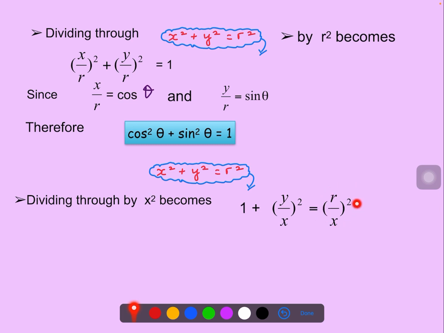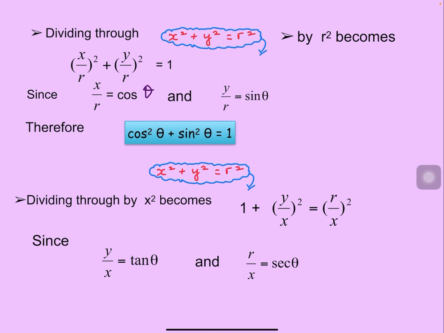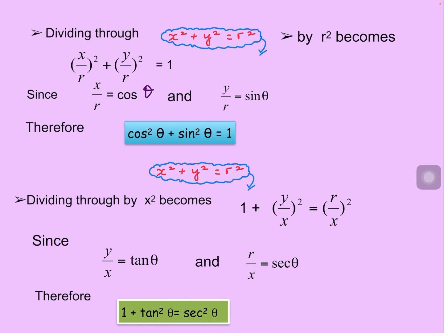Since y over x equals tangent theta, and r over x is secant theta, we will have another trigo identity equation: 1 plus tangent squared theta equals secant squared theta.